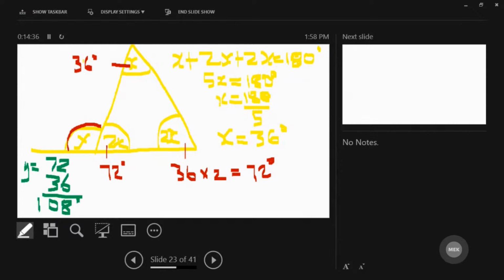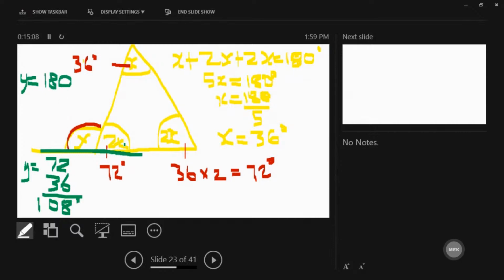All right, so let me remind you of this one because it looked like you guys don't remember this one. These 2 angles are on a straight line. So that means these 2 angles add up to 180 degrees. Since we've worked out that this one was 72, we could also find y by subtracting the 72 from 180.